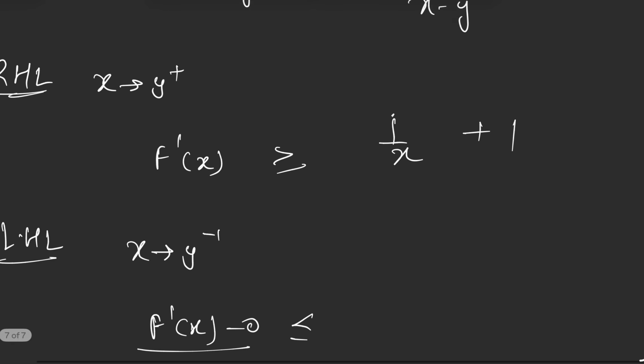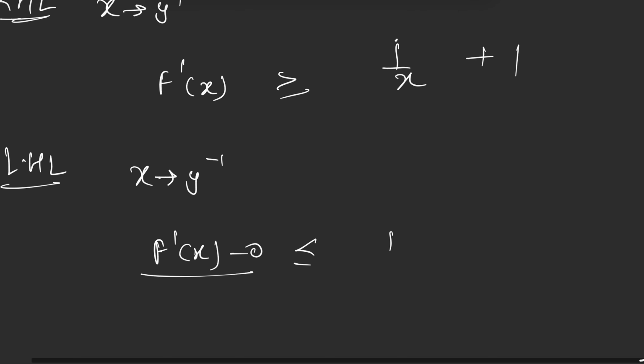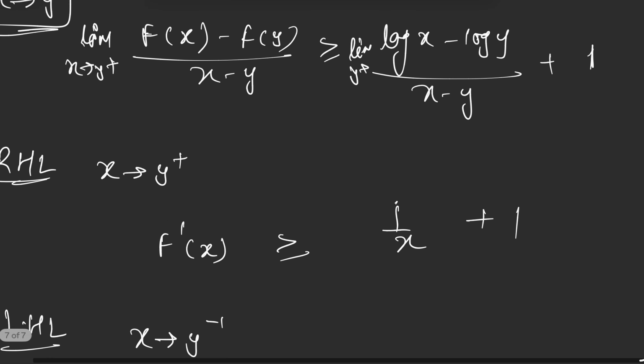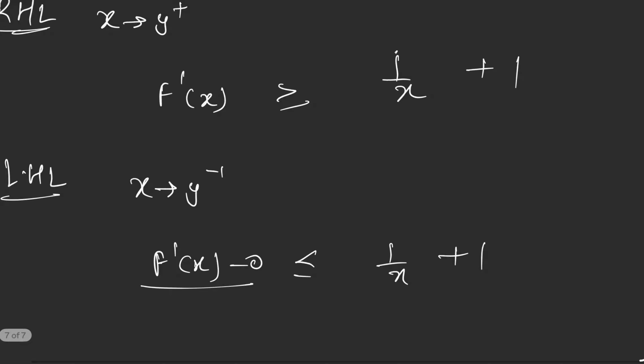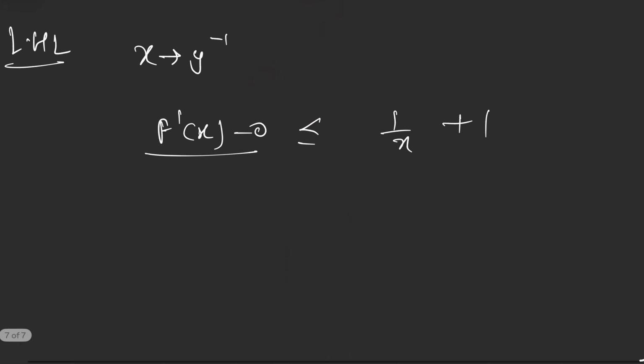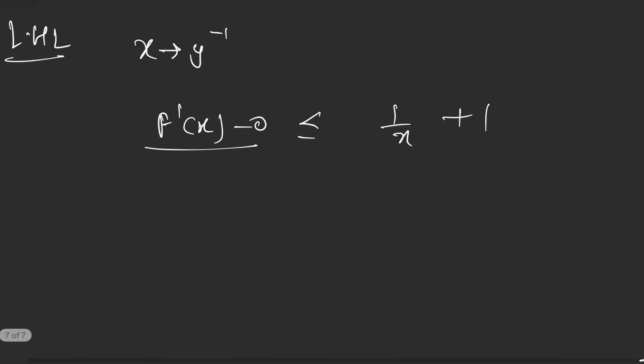So less than or equal to. Log x will be what? 1 by x, and here minus 1, so same only, 1 by x plus 1. So RHL and LHL are coming the same, but one is saying it is greater than or equal to, the other less than or equal to. It means they are equal only. So directly I can say f dash x is 1 by x plus 1.